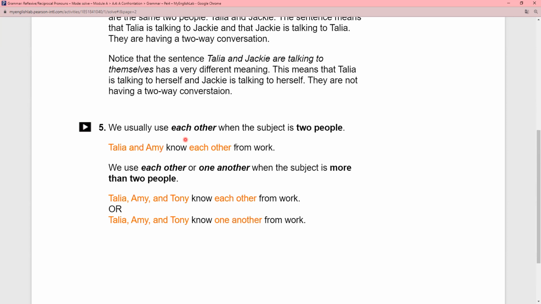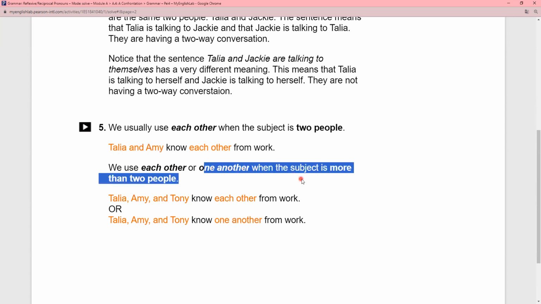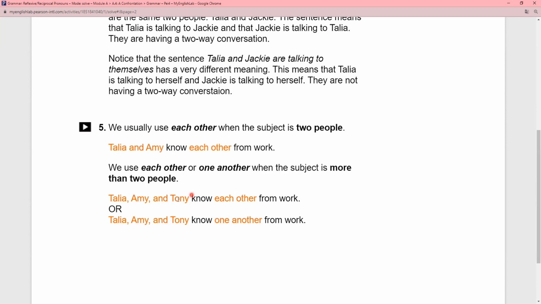Okay. We're going to use each other when the subject is two people. In this case, we have Talia and Amy. And we're going to use one another or each other. We can use both. But notice that we're not using one another when it refers to two people. Only each other and one another are used for more than two people.